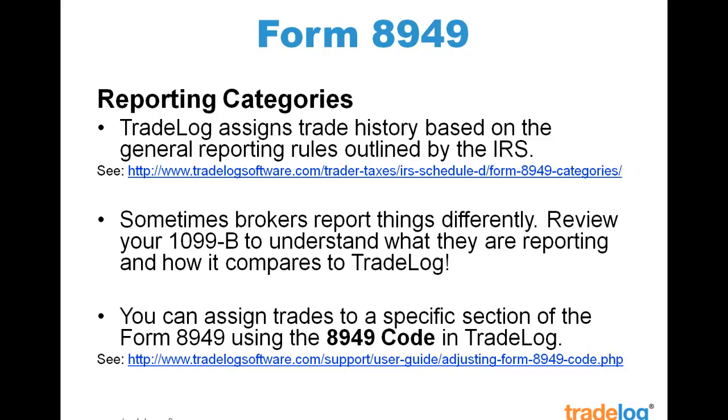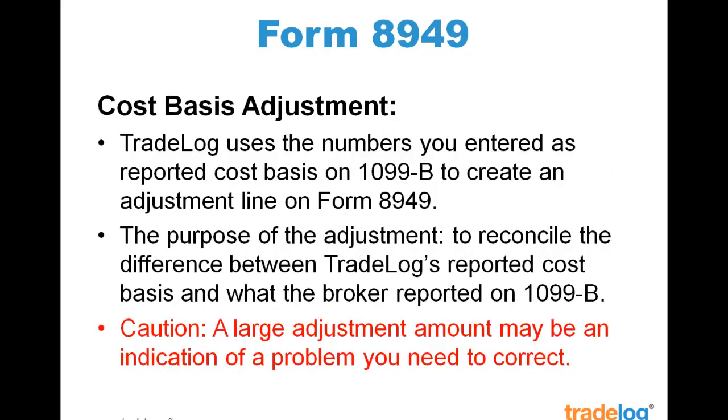If necessary, you can assign trades to a specific section on the Form 8949 in order to match up with the 1099B. You do that using the 8949 code. And there's a link that I gave there, so if you're going back and watching this session later, you can go to that link and you can actually see instructions for how to do this. I'll show a practical example in a moment.